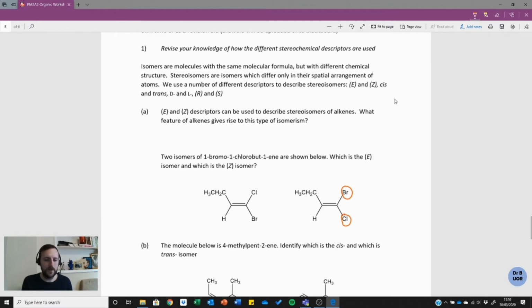They're held in position, as are these. So the whole molecule itself can rotate, but this side and this side themselves cannot rotate, and they're fixed in this configuration.